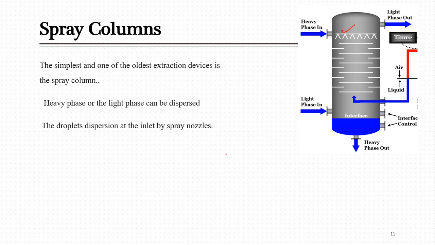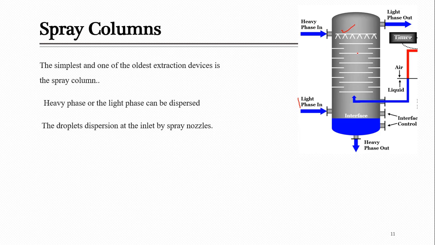So what do you think, can we apply this kind of equipment for very good separation? No, definitely your answer will be no. But why? Because you are just bringing the liquids in contact with each other and they are leaving, so mass transfer will not be sufficient. Although when they come in contact here, definitely the solvent which you are introducing has good affinity for some components of the feed.